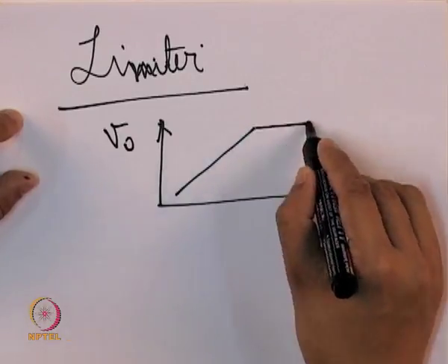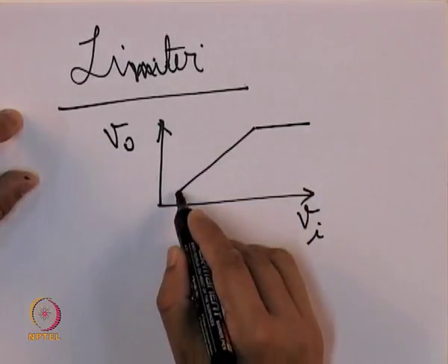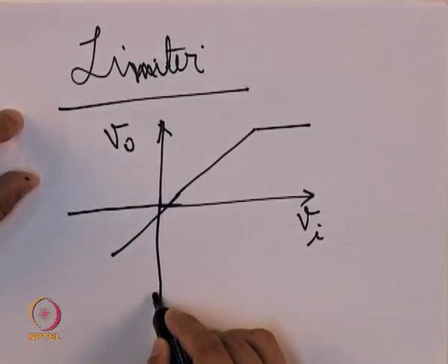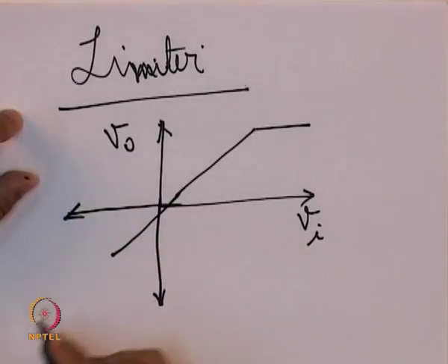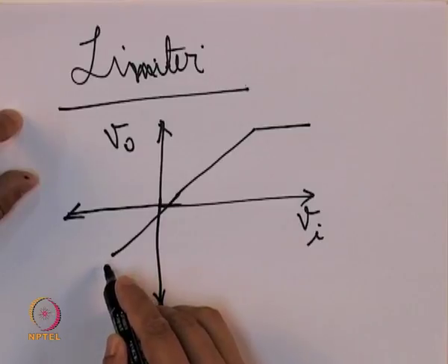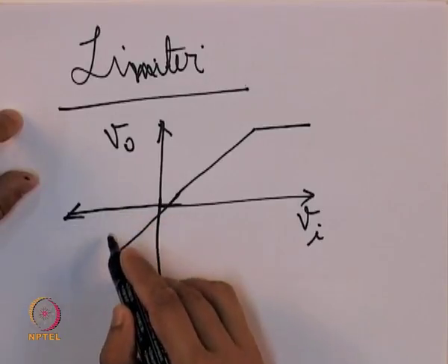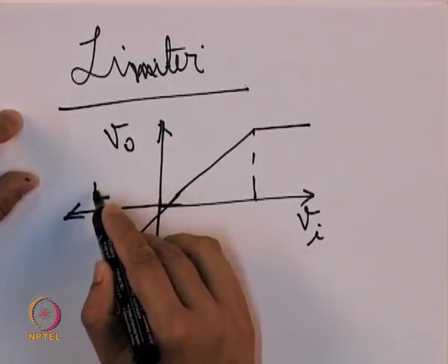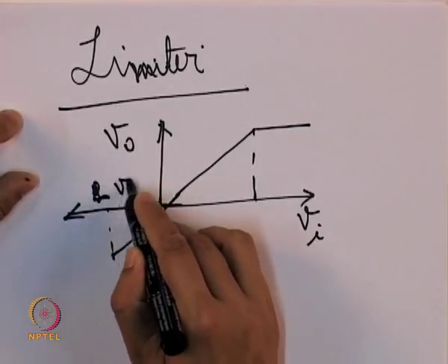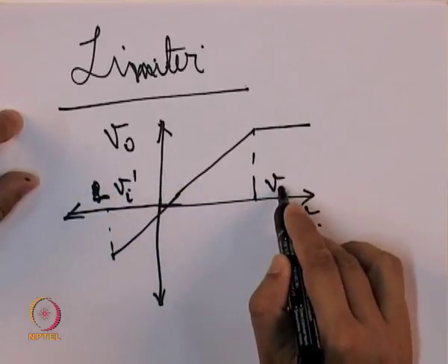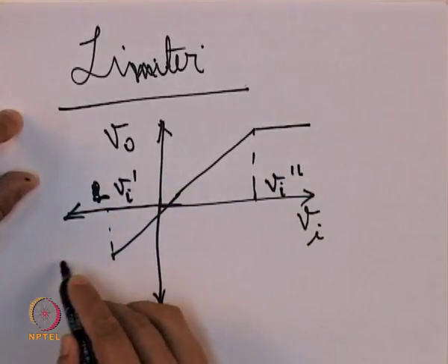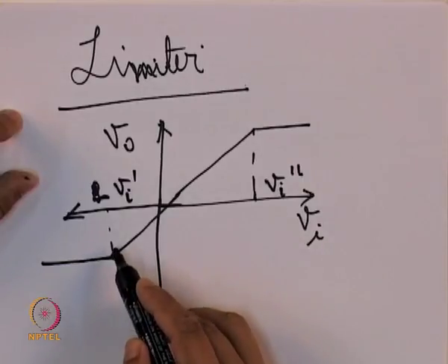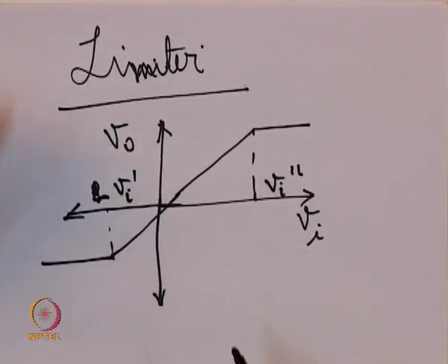So, ideally a limiter should be like this. Similarly, on the negative side also, if I extend my axis on the negative side also, beyond a particular negative voltage V I, some value say let us call it V I dash and V I double dash, it will again, for an ideal limiter, not allow the output voltage to go any further down.